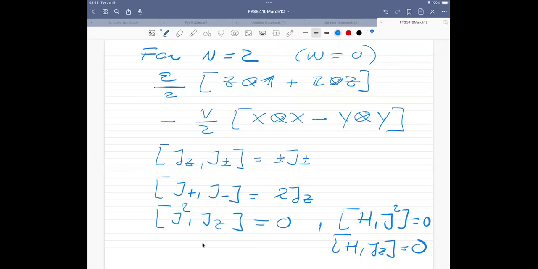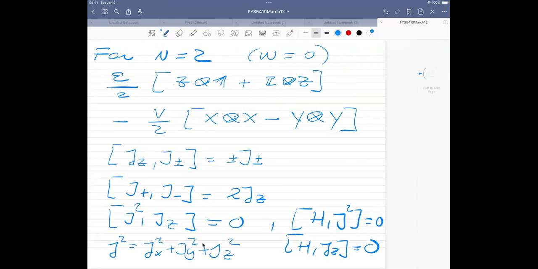So it means that the eigenstates of H, they are also eigenstates of the angular momentum squared, where this angular momentum squared, J squared, is just equal to Jx squared plus Jy squared plus Jz squared. And again, these are rewritten in terms of Pauli X and Pauli Y and Pauli Z matrices.